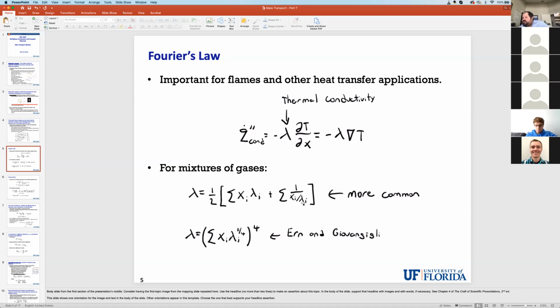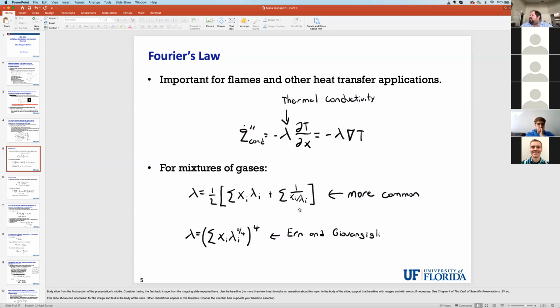There's another empirical one, and I use this one because it is quite a bit cheaper. It doesn't have these two sums. This is a power law weighting rule, and Aaron and Giovangeli did a very intensive study and found that this simple mixing rule, in a lot of different scenarios, is actually more accurate than the other mixing rule.